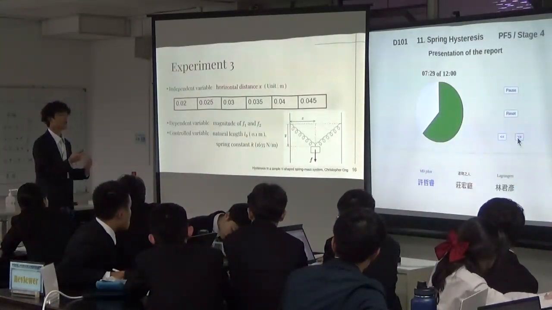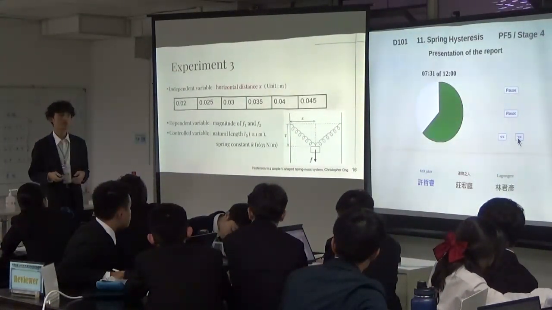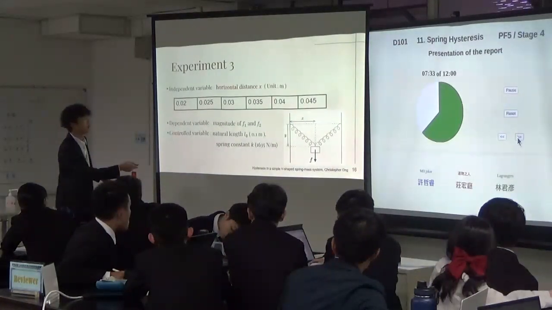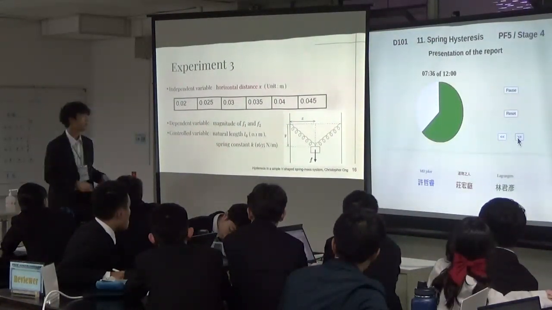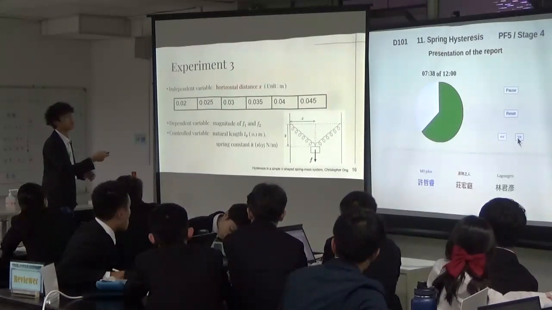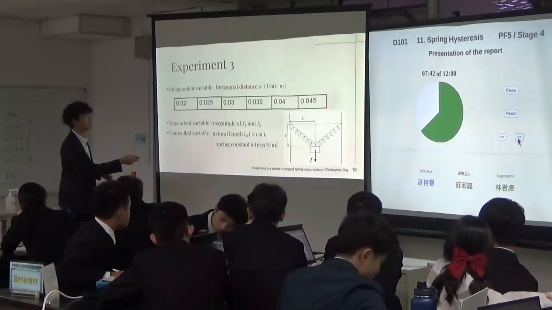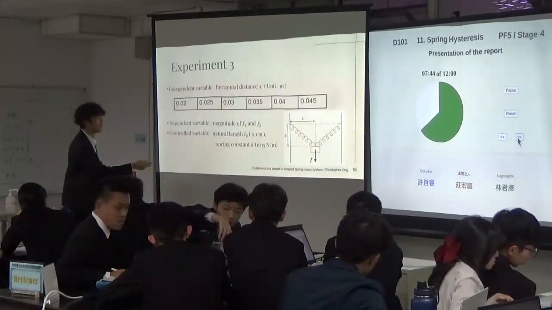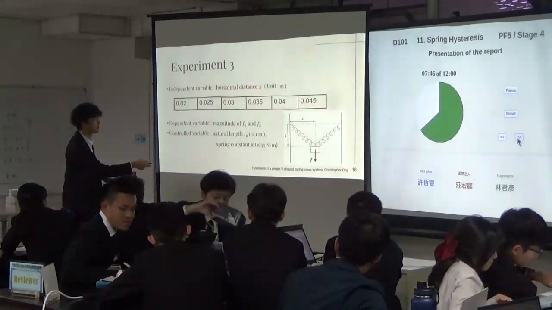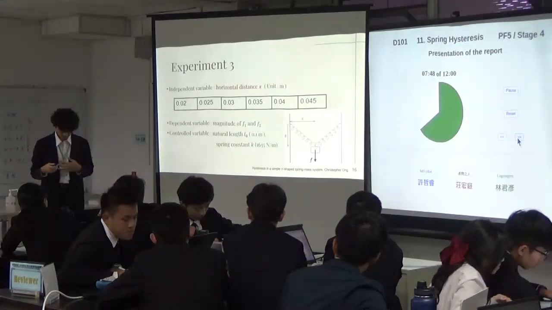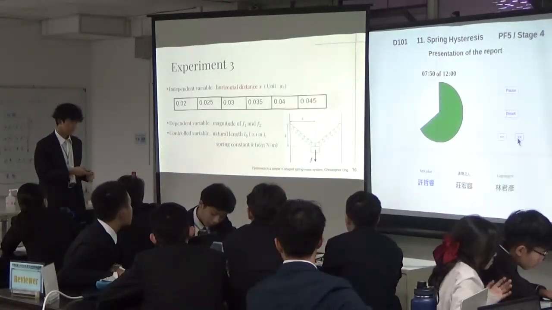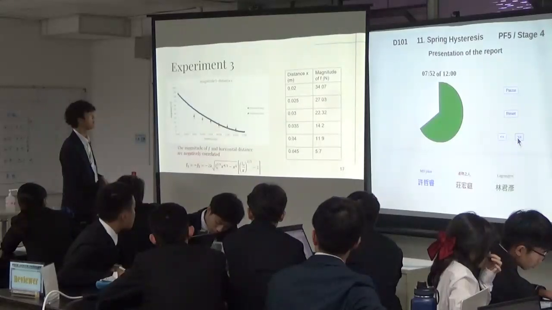And next is our third experiment, in which we change the horizontal distance x, which is this distance over here, from 0.02 meters to 0.045 meters. The reason we only go to this value is because if x is larger than the natural length of the spring, the hysteresis phenomenon will not happen.